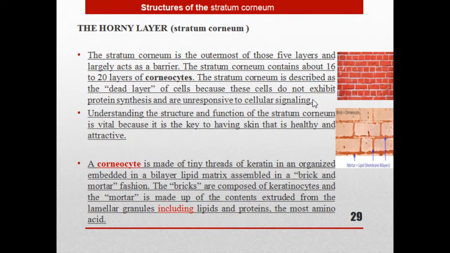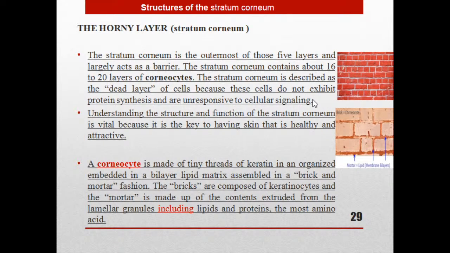Understanding the structure and function of the stratum corneum is vital because it is the key to having skin that is healthy and attractive. A corneocyte is made of tiny threads of keratin.